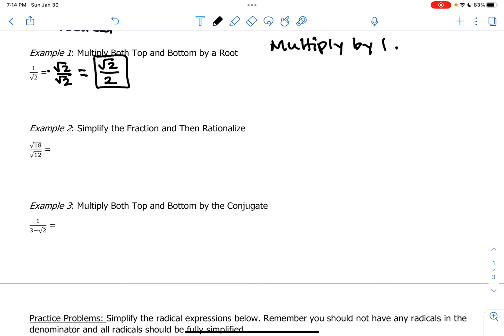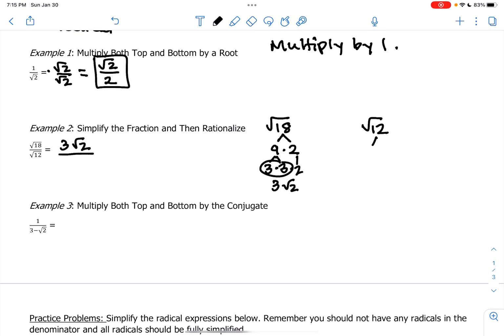Sometimes the radicals that we're dealing with aren't simplified yet, so we need to go back to what we did at the top. So I'll come over here and simplify the square root of 18 and the square root of 12. So the square root of 18, that could be 9 times 2, 3 times 3 times 2. So I have a pair of 3's. So 3 square roots of 2 is the numerator simplified. And then I'll come over here and simplify the denominator.